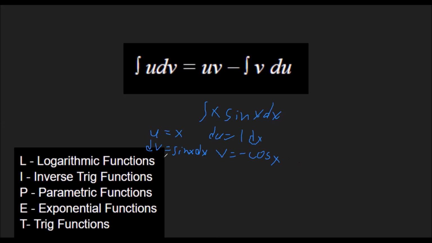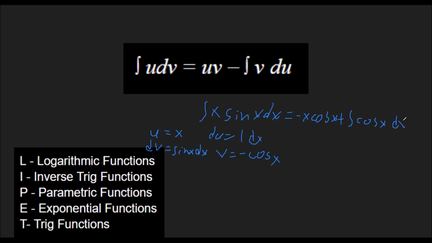And so now that we have u, du, dv, and v, we can finally plug them in. So let's plug in u times v, which is just negative x cosine of x, minus the integral of v du, which let's factor out the minus from the v, and so we end up with cosine of x dx.